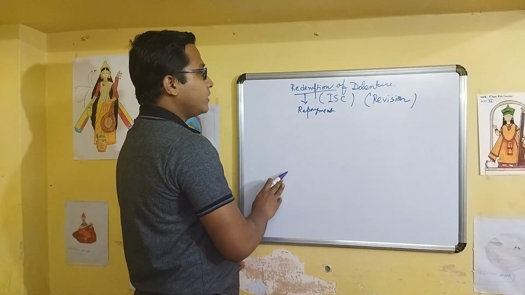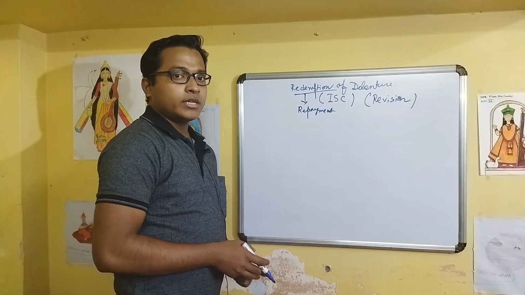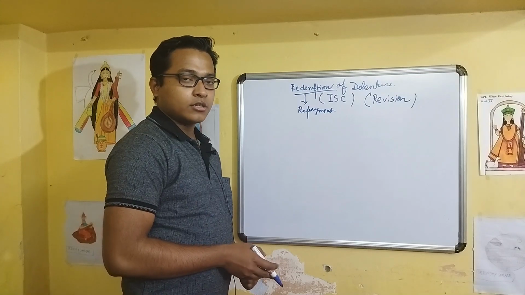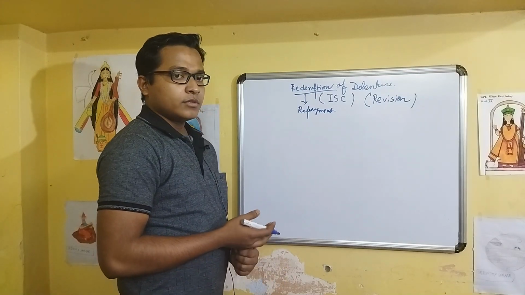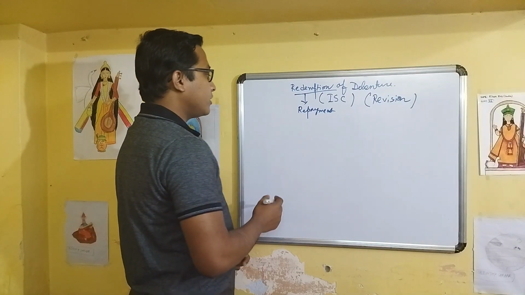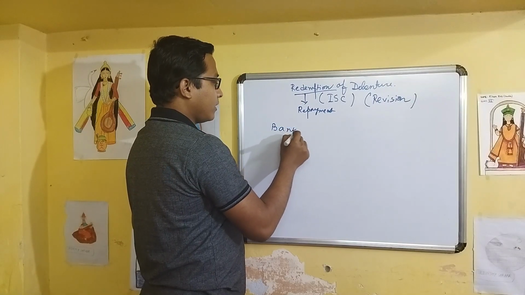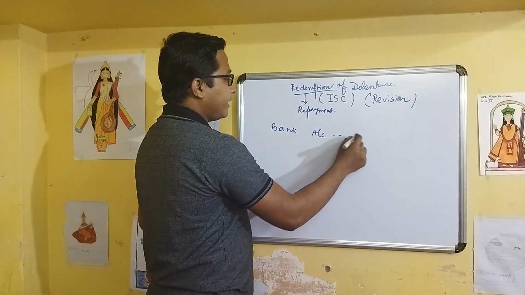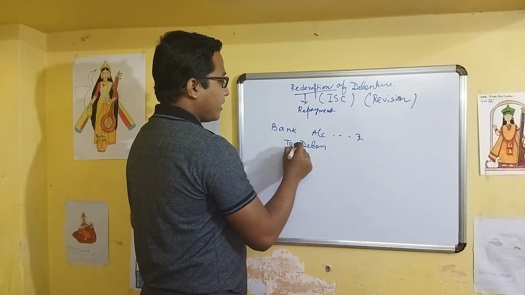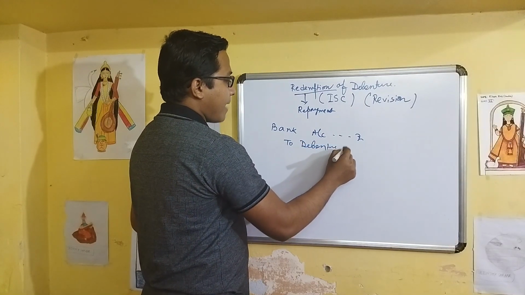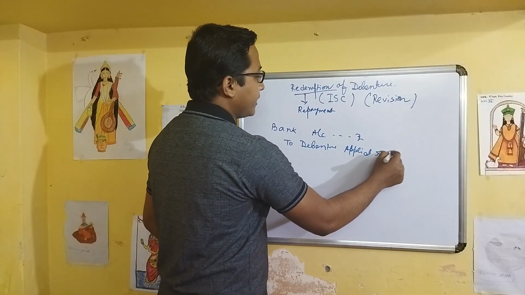Redemption of debenture: when we issue debentures, as we know, the debenture is a source of finance or source of capital. At the time of issue of debenture, the journal entry is: Bank account debit to Debenture application and allotment account.